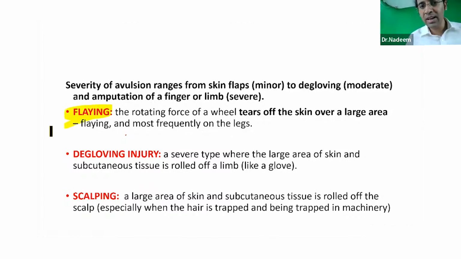Only skin. You can see this maybe in a road traffic accident, when it tears off only the skin, flaying. Skin plus subcutaneous tissue, degloving injury. And when skin and subcutaneous tissue of the scalp, scalping.